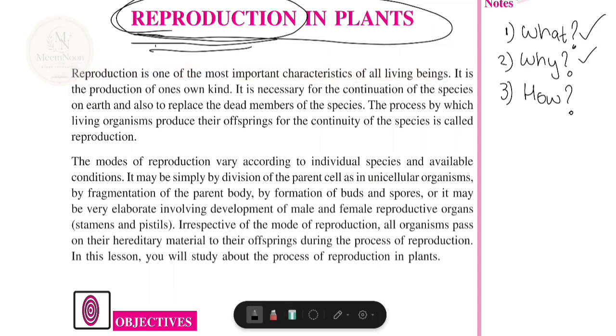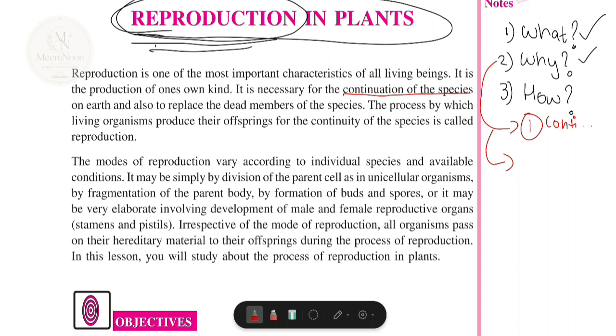But there are 2 important points on why reproduction is necessary. The first point is that reproduction is necessary for the continuation of the species on earth. If a species wants to continue living on earth, then they need to reproduce.